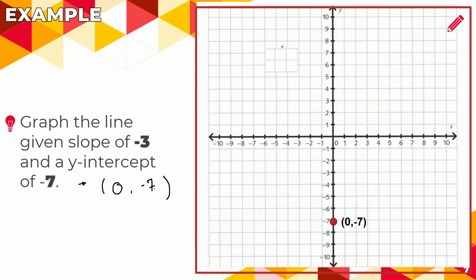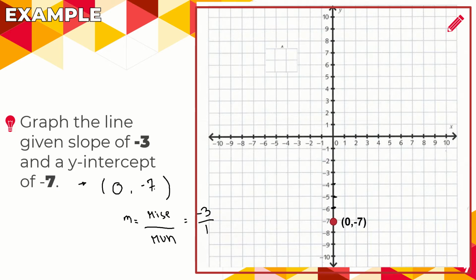Then, let's apply the concept of the slope, which is rise over run. In our problem, the given slope is -3 over 1. So from (0, -7), we need to take 3 steps, or we need to rise 3 steps. 1, 2, 3.